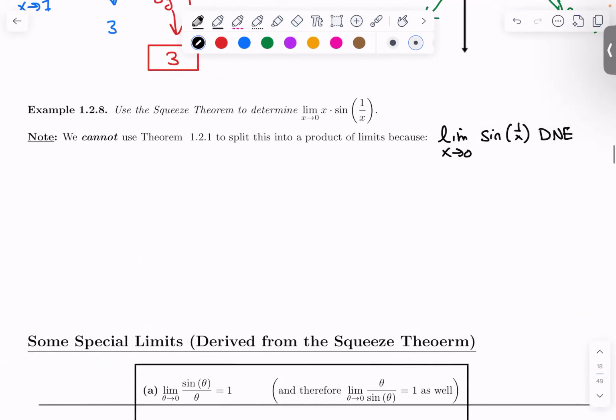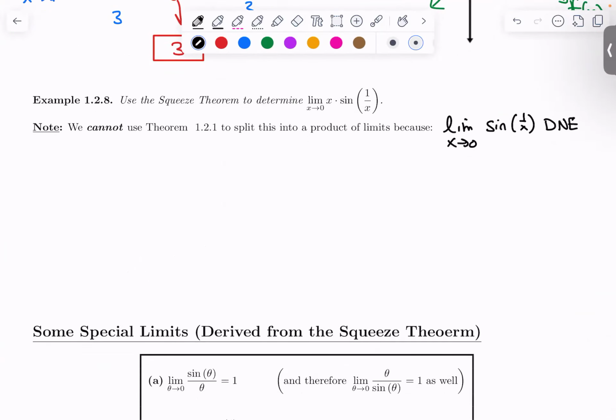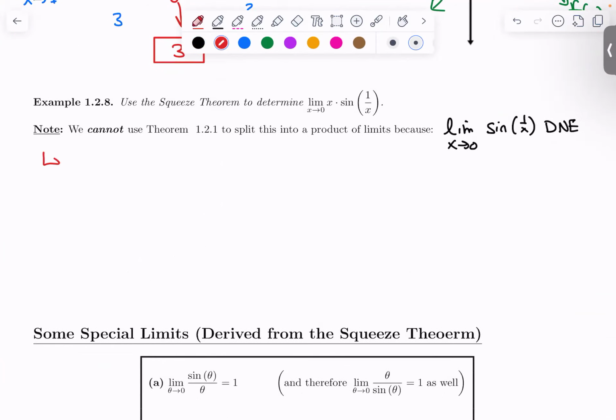So the goal when you're dealing with the squeeze theorem is to find bounds, an upper bound and a lower bound. One very, very useful fact is about sine of anything.